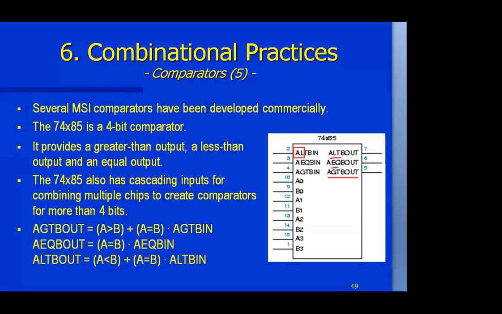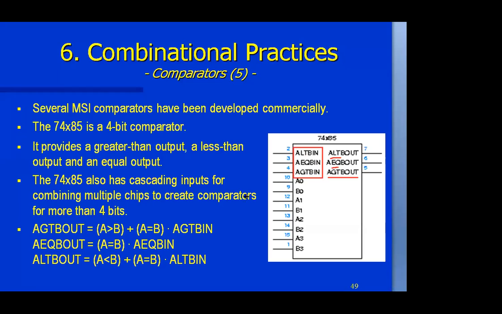These are called cascading pins when we are connecting for higher order, that is, when we compare more than 4-bit numbers of A with 4-bit numbers of B.